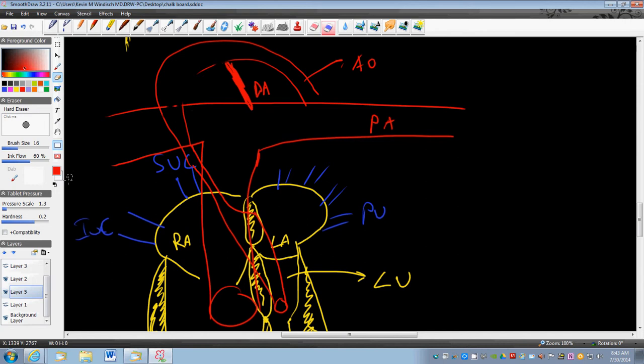Okay, so we've got rid of that. Now, let's actually shrink this aorta, make it more like it's supposed to look. And sorry about the phones ringing in the background there. I was afraid they were going to light up. So let's just silence them. Alright, so we're going to fix this pulmonary artery here.